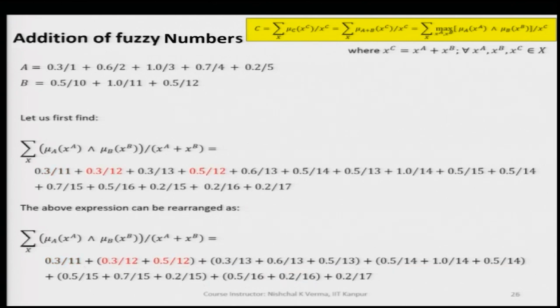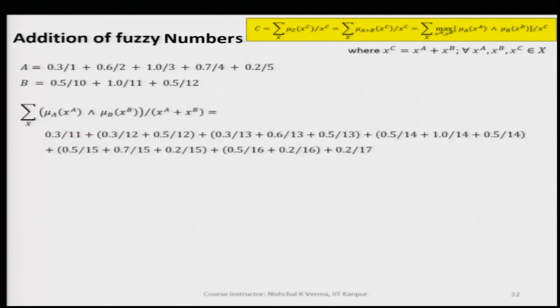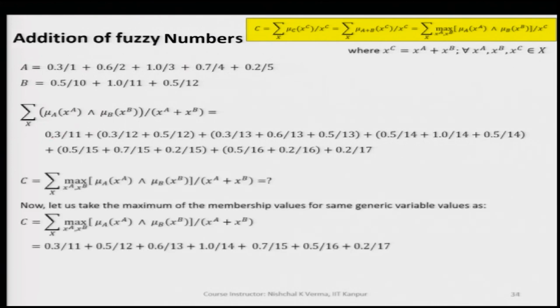So, let us do that, and when we take the max as we see here, since we have 0.3 oblique 11, as this is only one term, we just write this as it is.